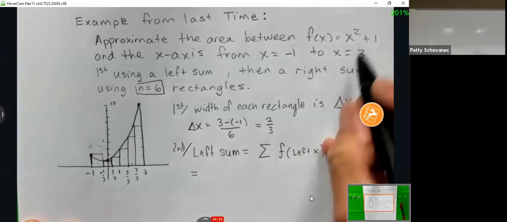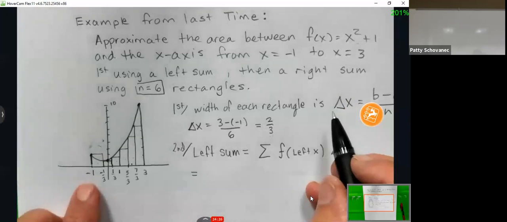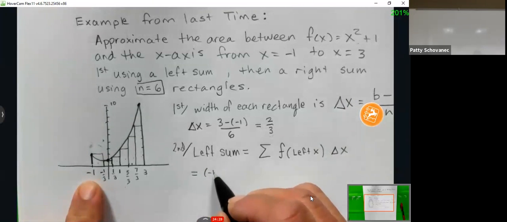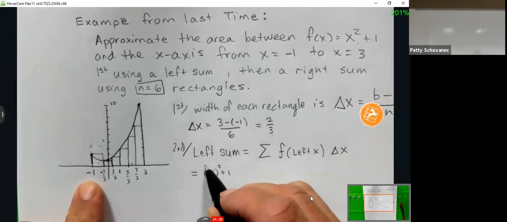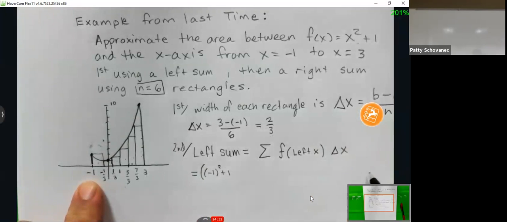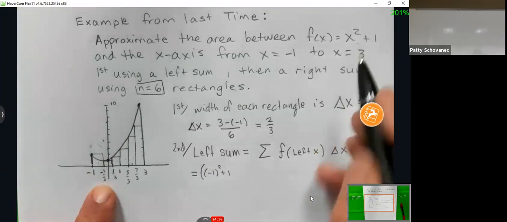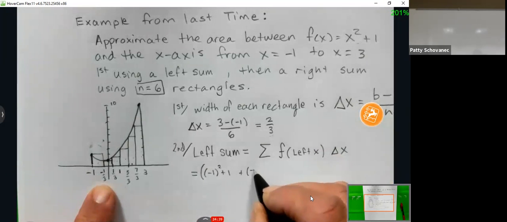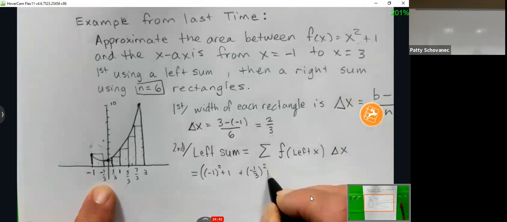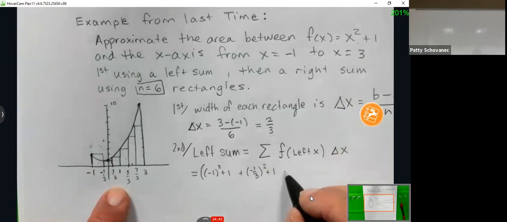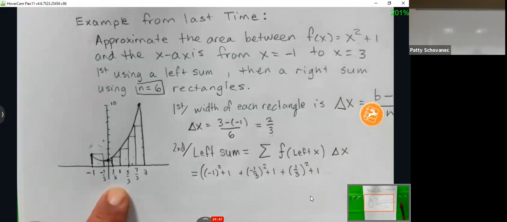My function is x squared plus 1. So our first is going to be negative 1 squared plus 1. I'm going to factor out the delta x at the very end. Then I'm going to have a negative 1/3 squared plus 1. Then I'm going to have a positive 1/3 squared plus 1.